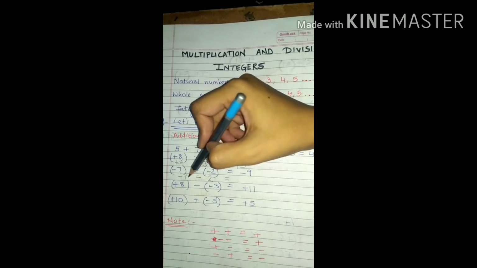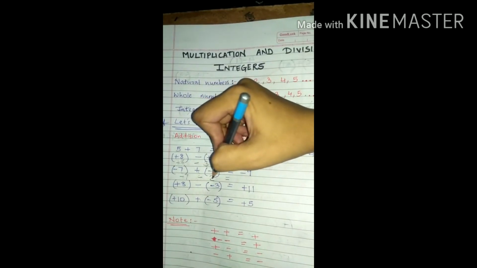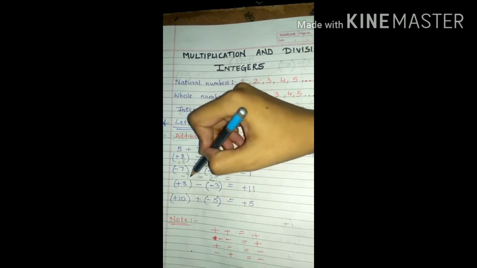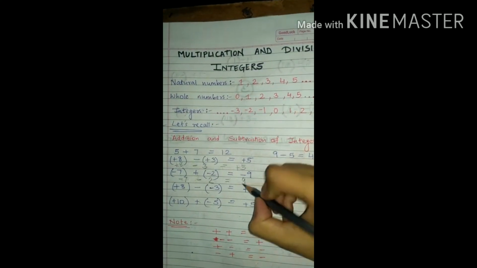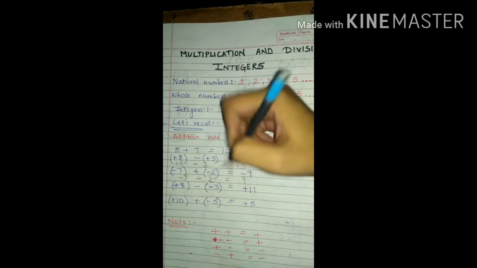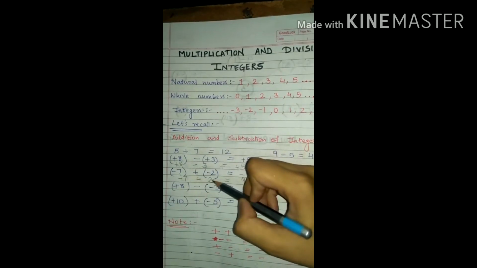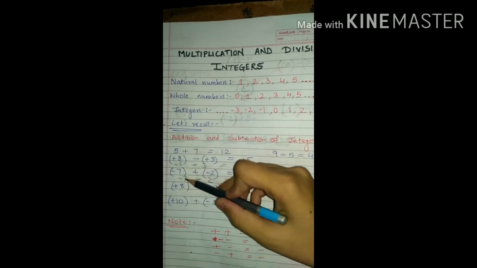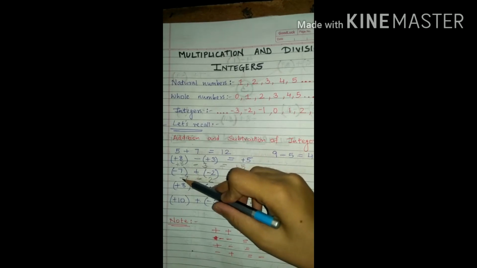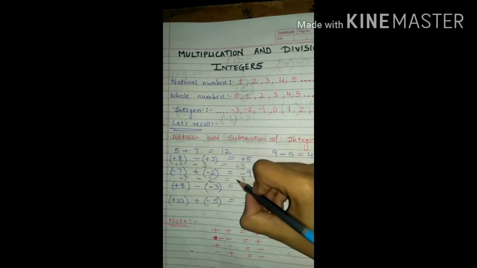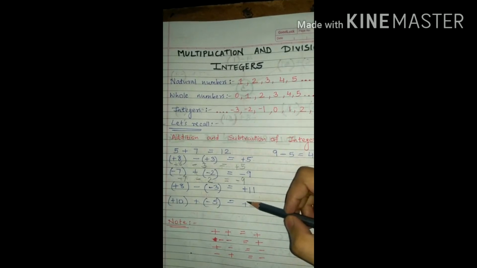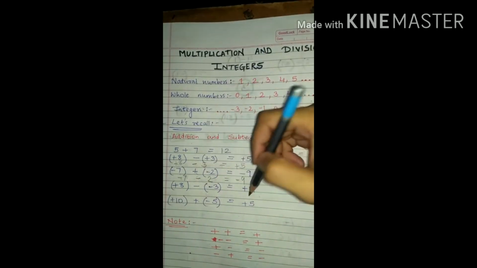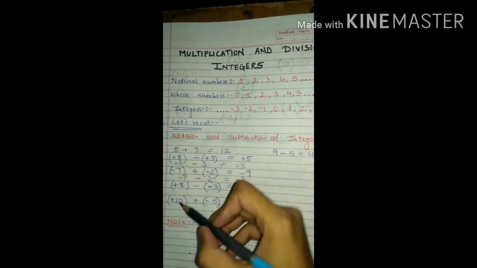So these two numbers need to be added. 7 plus 2 is how much? 9. But why have I given a minus sign here? Because the bigger number is 7, and 7 has a minus sign. This is a little bit confusing, so only with practice can you do this.